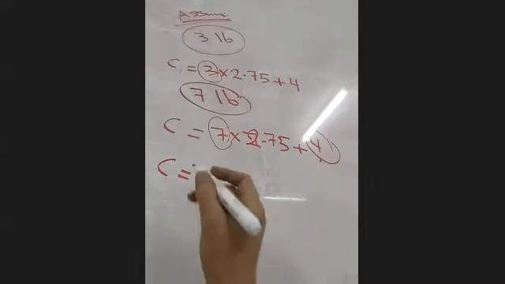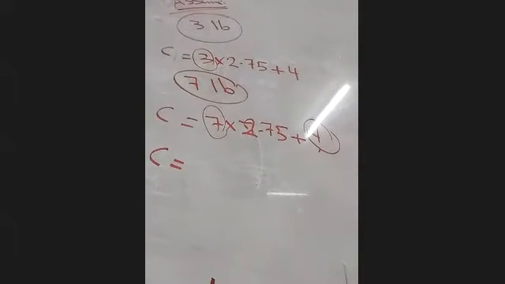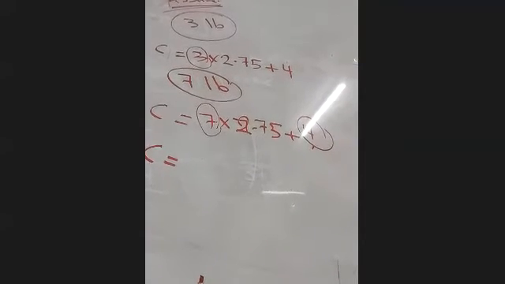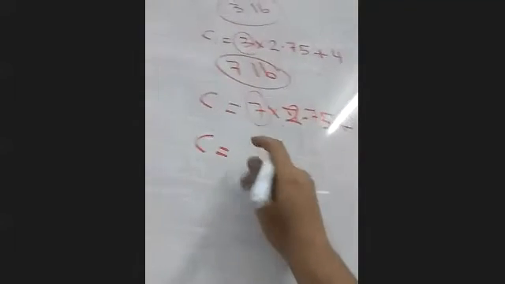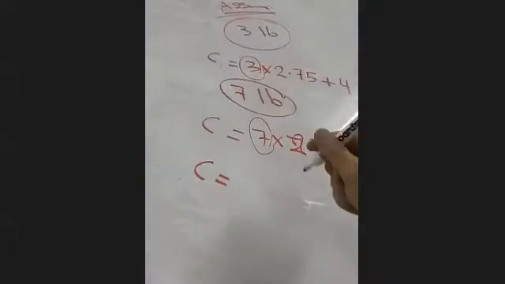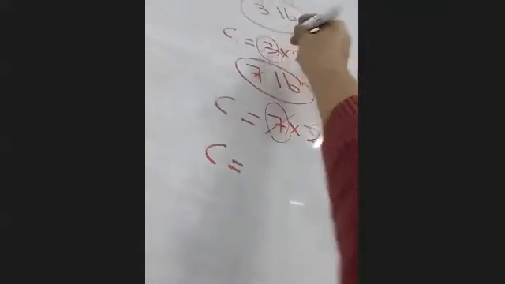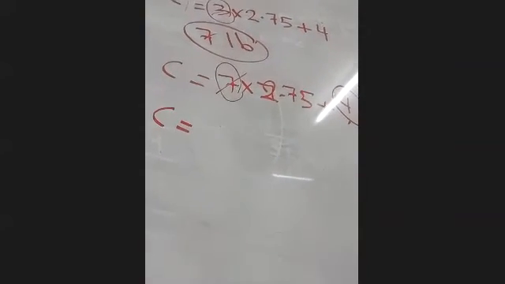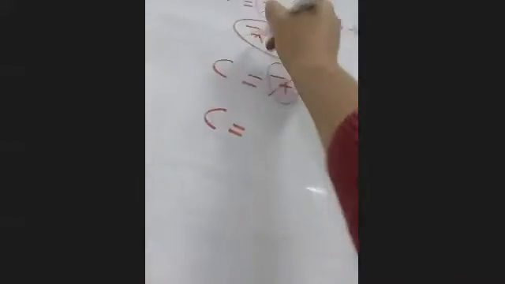7 times 2.75 plus 4. No, not 7. We want to buy P pounds. P, not 7. 7 we are assuming only to understand that. Now, in general, if you want to buy P pounds, replace 7 by what?